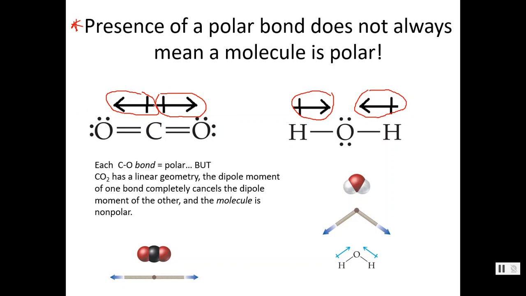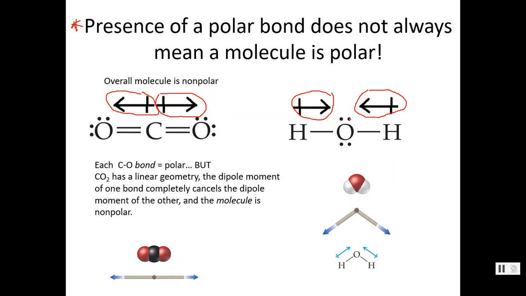You don't really go anywhere. So the polarity of those two bonds is the same due to its geometry. Thereby, the overall molecule is nonpolar because these two dipoles cancel each other out.